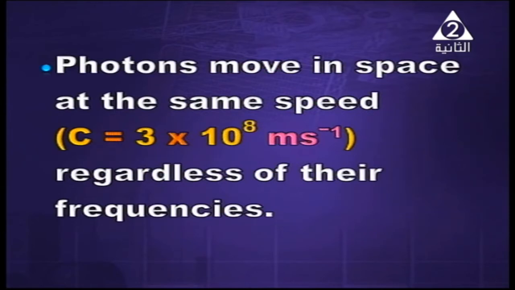It is 3 times 10 to the power of 8 meters per second. So all photons in space move with the same speed, regardless of their frequencies, regardless of their wavelengths. This was the first property. Photons move in space with the same speed.